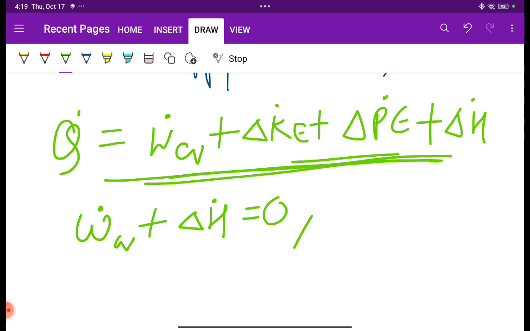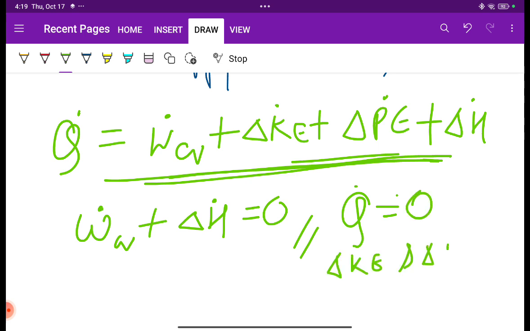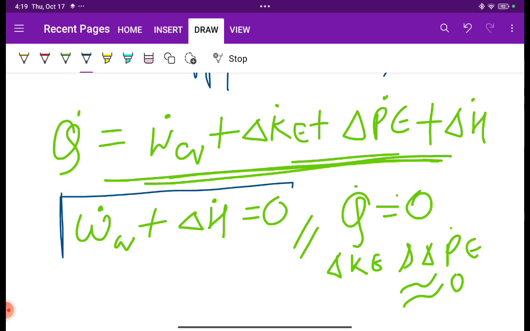Firstly, we know that there will be no heat interaction since it will be zero, and the kinetic energy change and potential energy change rates are very small, so we ignore them. This is the case for the insulated system.